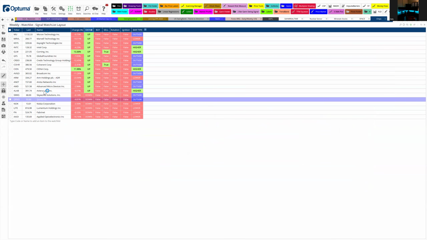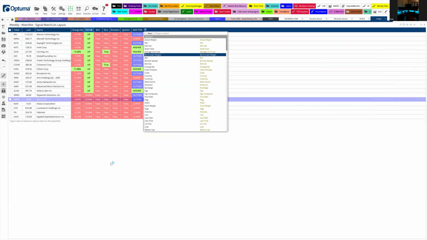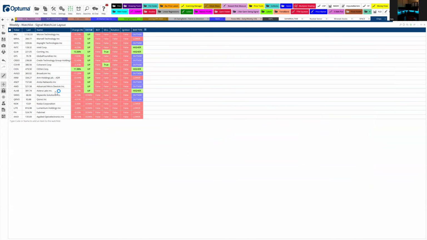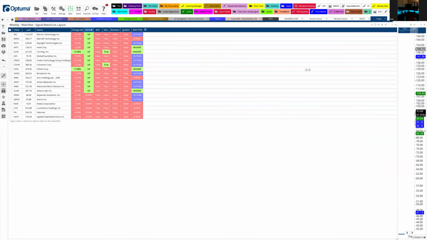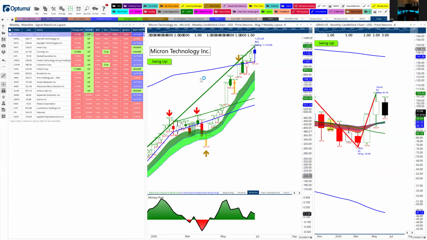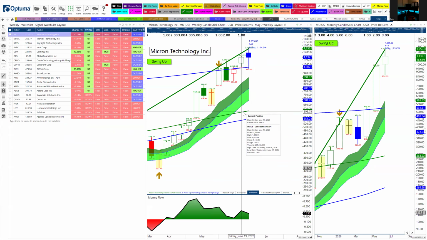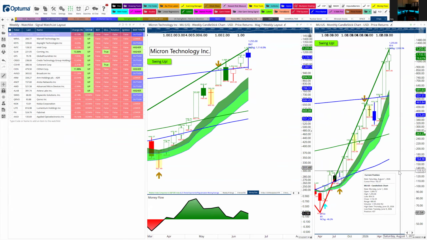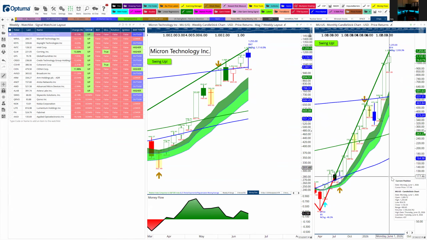So this ALAB, and now the which ones are, no, I did that one separately. So the rest are all here, see, Micron is here. And this sucker, that's a new poster child right there.